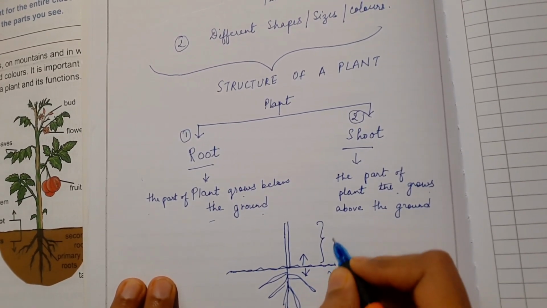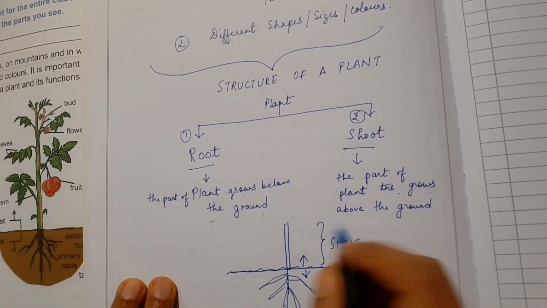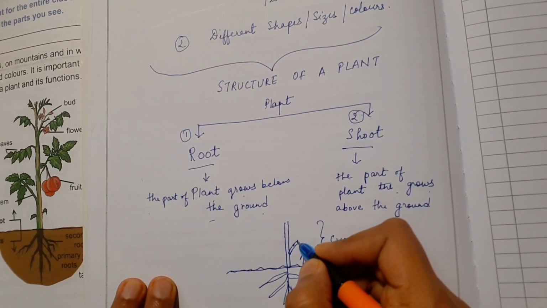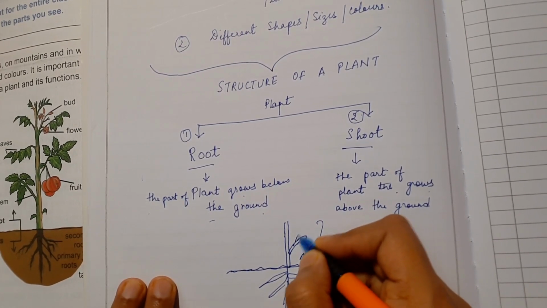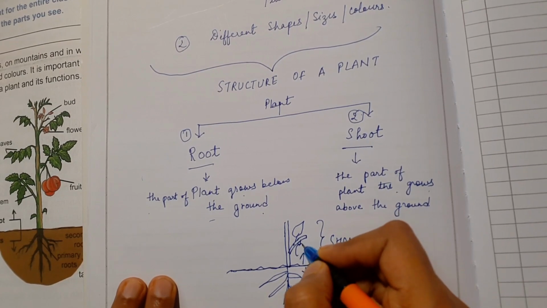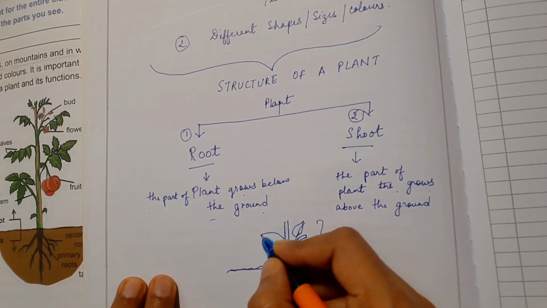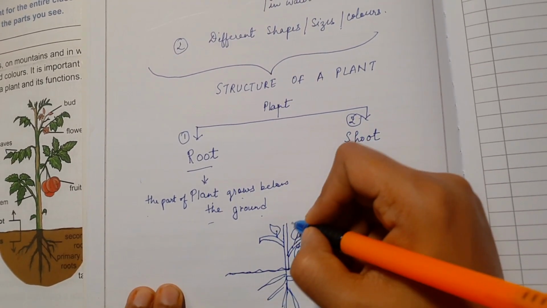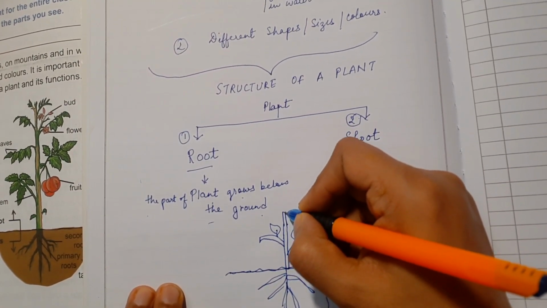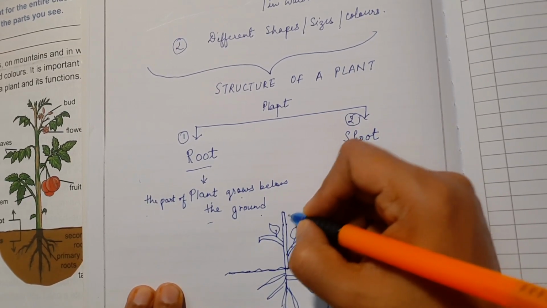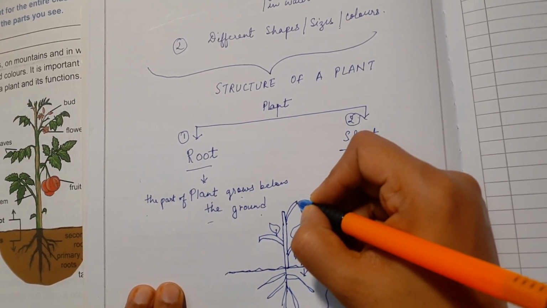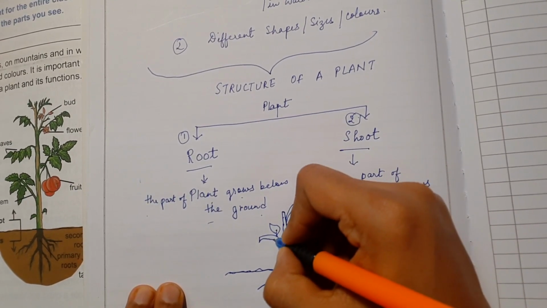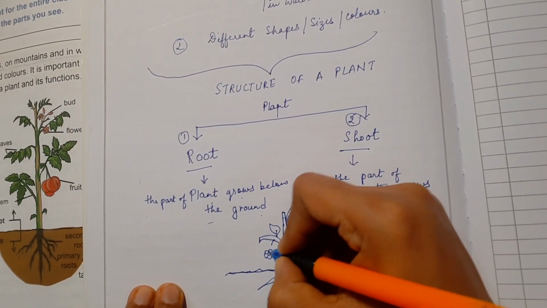The above is shoot, and what we have in shoot? We have stems. This is stem, this is leaves. Again, this is stem, this is leaf. We can make a little more where we can show this is stem, this is fruit. Now this is flower.